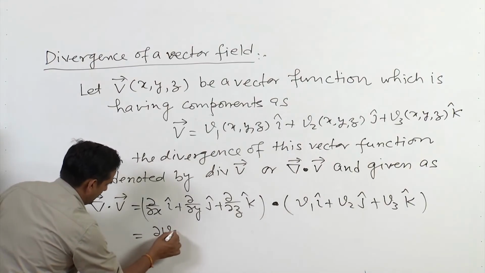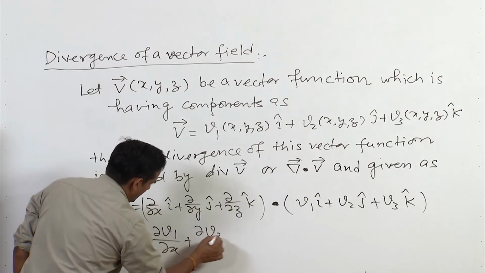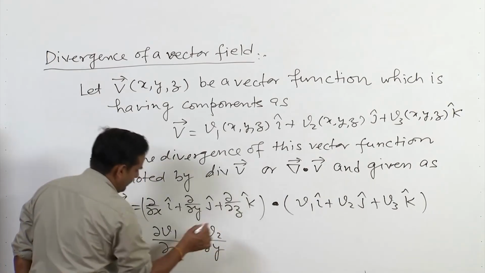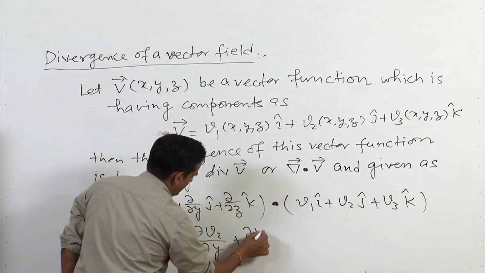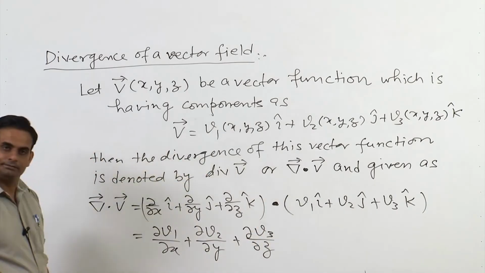So, this will become del V1 over del x plus del V2 over del y plus del V3 over del z.